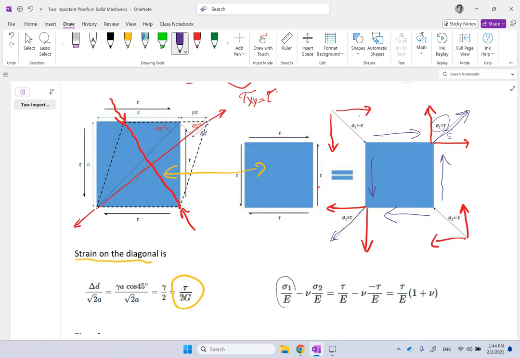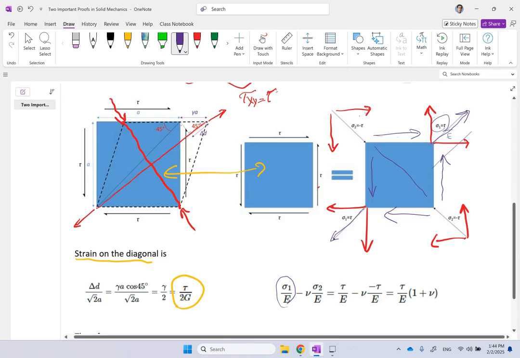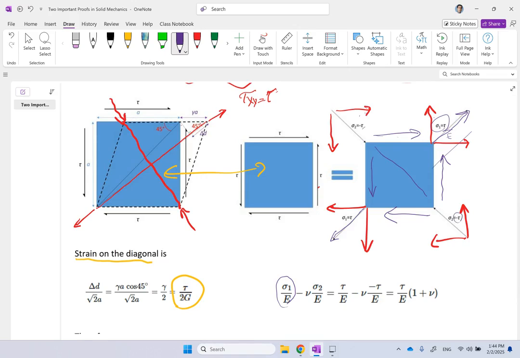And that is exactly this one, sigma 1 over E. That is the axial strain in that direction. Now, in the direction normal to this diagonal, your sigma 2 is negative tau, it's compressive, and so the normal strain in this direction is sigma 2 over E.